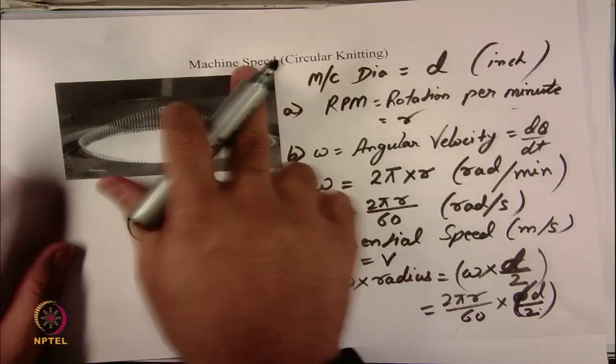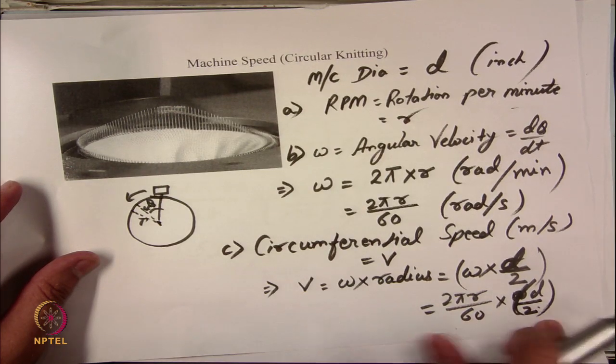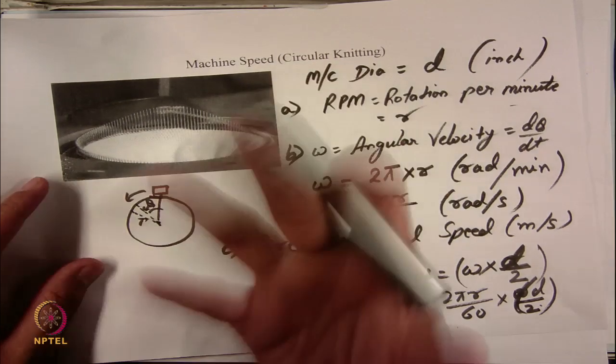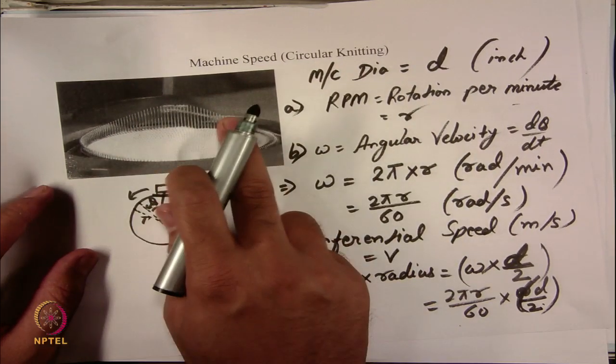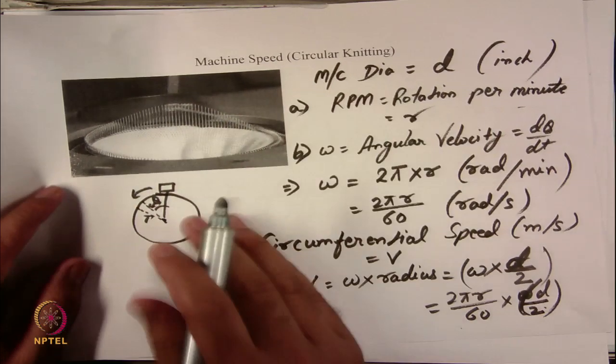So, this was speed. This is all related to machine speed. Now, we want to see how much fabric can be formed on this machine in terms of meter or in terms of kg.